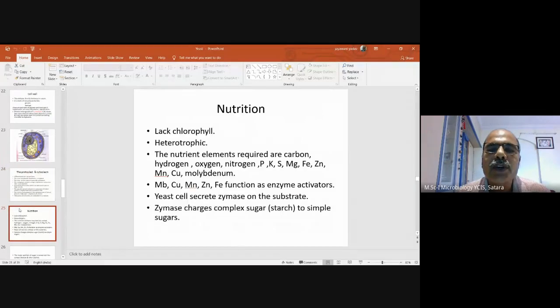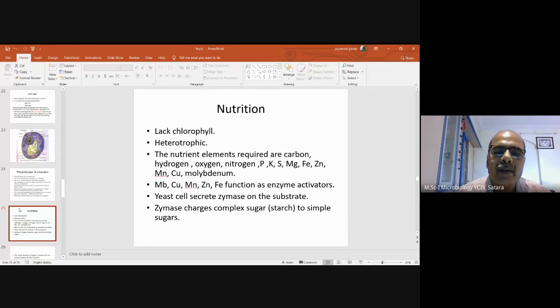Then next, nutrition. As far as nutrition is considered, yeast cells are heterotrophic in nature, as they lack chlorophyll, the photosynthetic apparatus. They cannot obtain their food from sunlight.